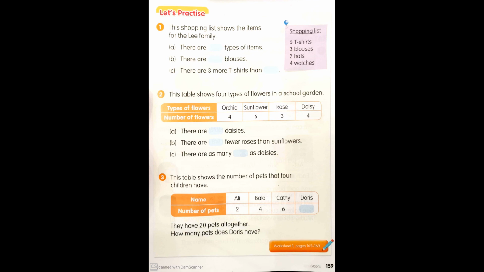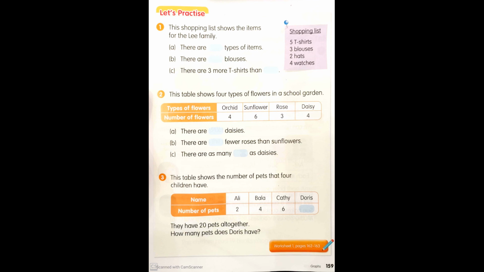So we've got 12. That's how many pets there are. But they said there are 20 pets, right? So how many does Doris have? I put the big number with all that other number which I told you, 12. So 20 minus 12 equals, and that tells you how many Doris has.